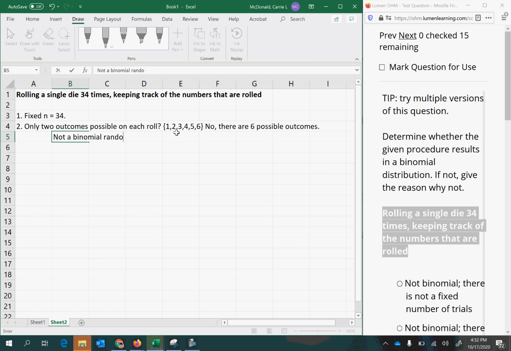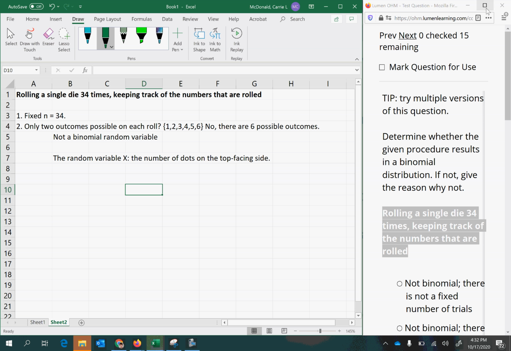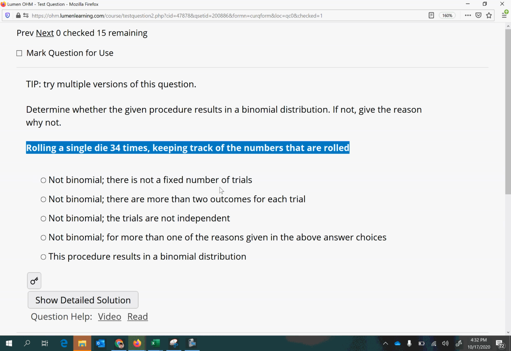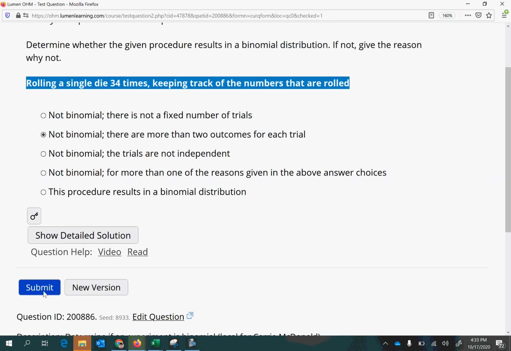Or you could say not a binomial random variable, because the random variable x is the number of dots on the top facing side after it's rolled. So that's the reason we say no to this one. Not binomial, there are more than 2 outcomes per trial. There we go. Okay, so that's how we answer that one.